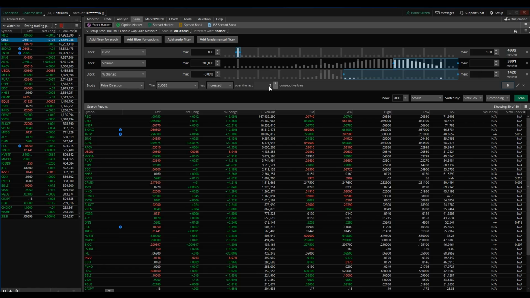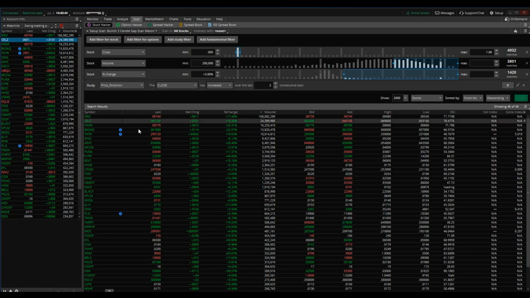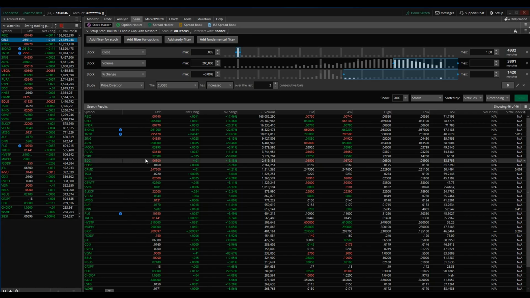And we have this over the span of 2 days. So what this will do, it will open up the stocks that have increased 3% over the last 2 days. So you'll click scan, yes, and it will generate your list.